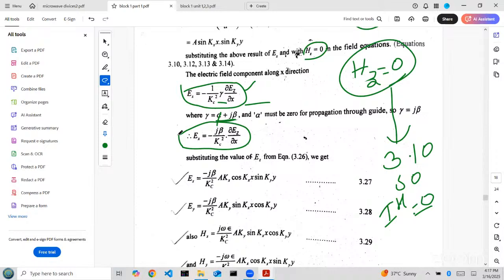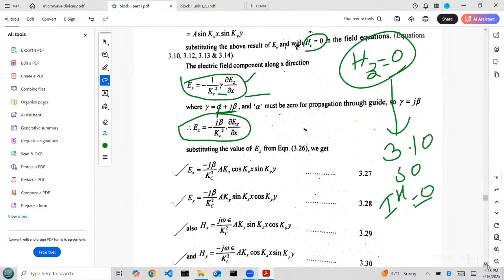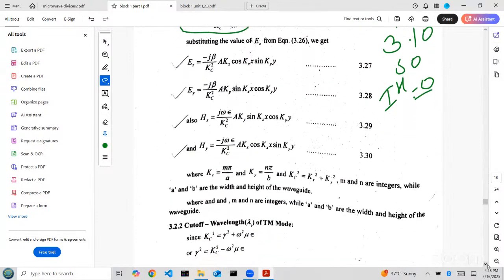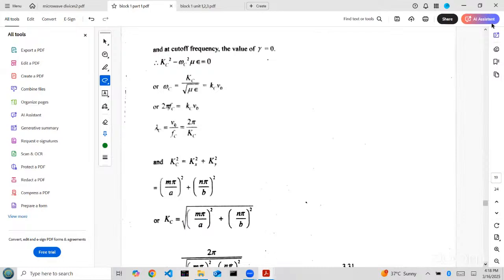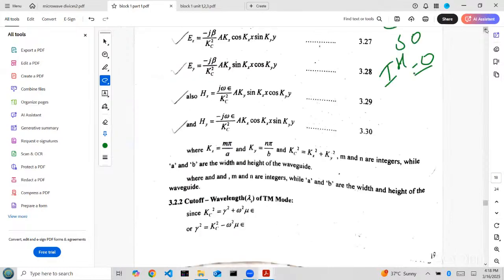After that, see the cutoff wavelength of TM mode. Today we will stop with TM mode up to field patterns. And now we see the cutoff wavelength of TM mode. What is the cutoff wavelength of TM mode? Formula: what is kc square from the previous derivation?